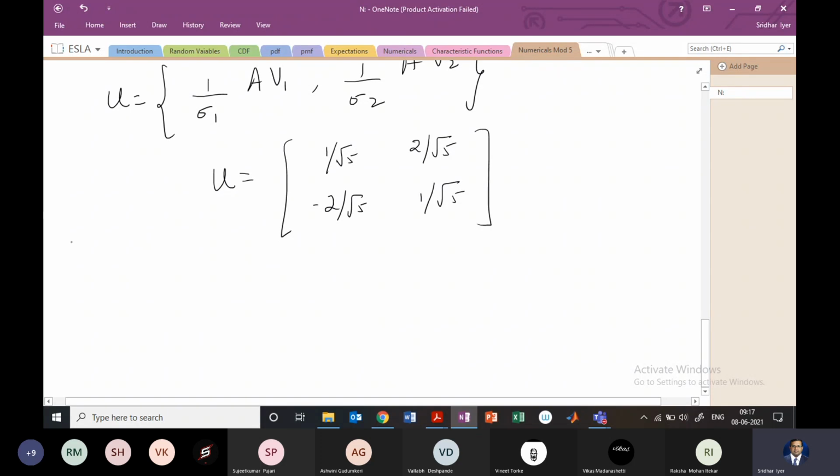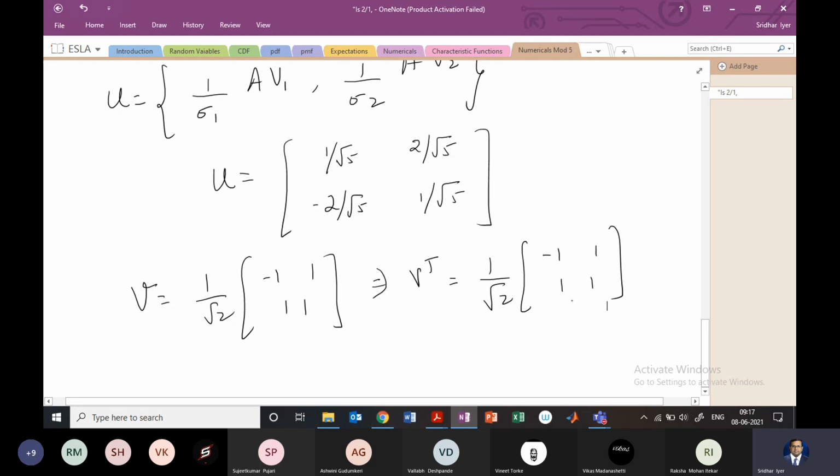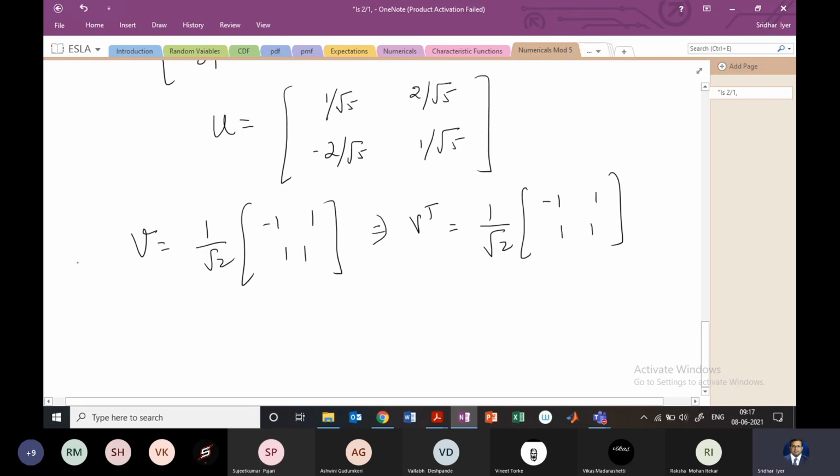And we already know the values of v1 and v2, right? So the V which I get finally is 1 by root 2 times minus 1, 1, 1 and 1. So from here V transpose comes as 1 by root 2 times minus 1, 1, 1 and 1. So with these data in hand, I can write A as U D V transpose.